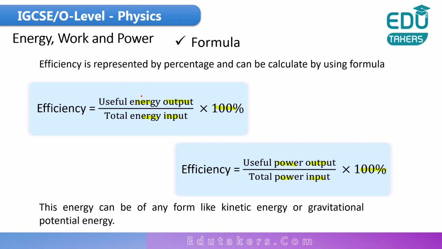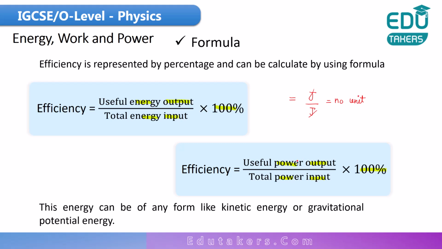In the formula of efficiency, here it's written useful energy output, but it's an energy. So the unit of the energy is joule divided by the total energy input. Again, it's energy. Its unit is joule. Both of these cancel with each other so that efficiency has no unit. So I can simply say that efficiency has no unit because it's the ratio of two similar quantities.